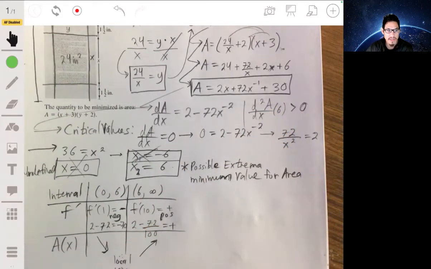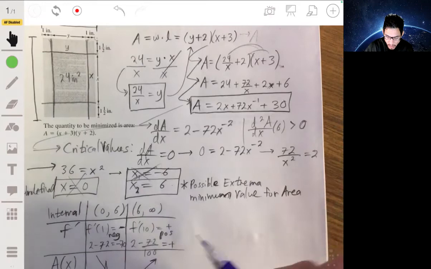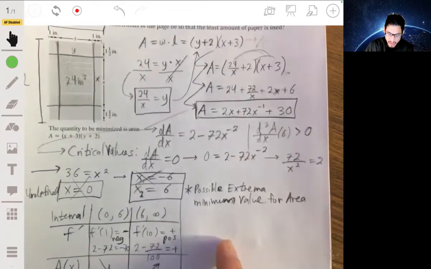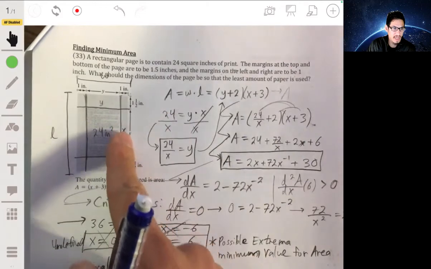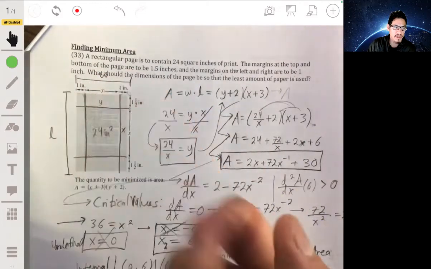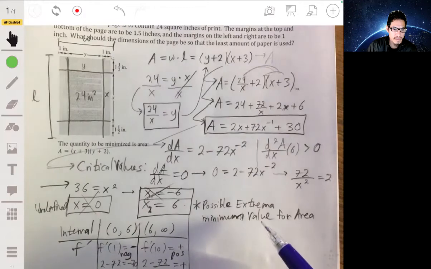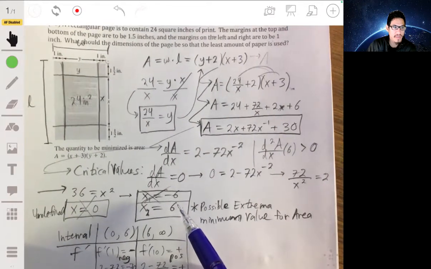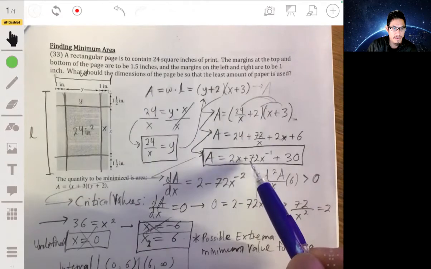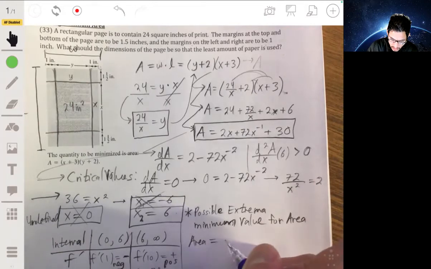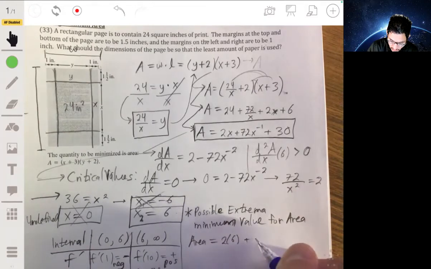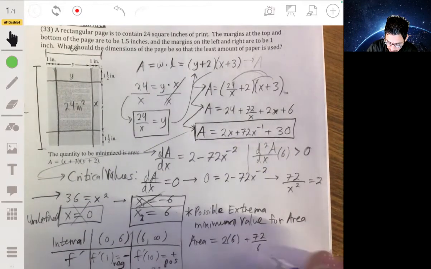Do it in a way that makes sense. Just make sure you're doing something to connect the problem, and of course make sure you finish it, because sometimes the problems are asking for different dimensions, like x, y, widths, and margins in this case. So the minimum value of the area will happen when x is 6. My area equation is right here, so the area will be 2 times 6 plus 72 over 6 plus 30.